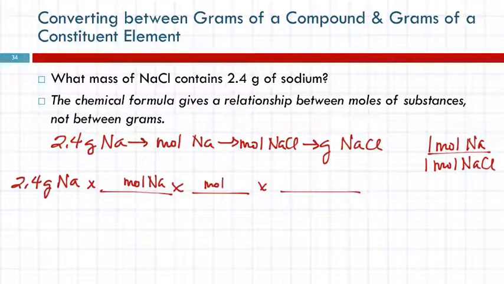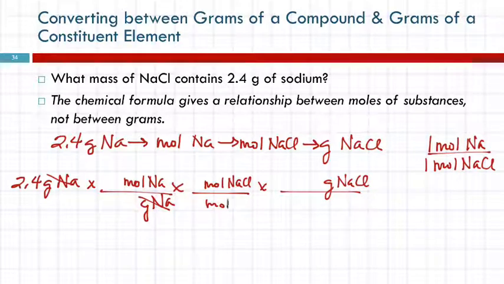Next is moles of sodium chloride. And last is grams of sodium chloride. I'm just putting the units in. So grams of sodium, and that cancels. Moles of sodium, and that cancels. Moles of sodium chloride, and that cancels.